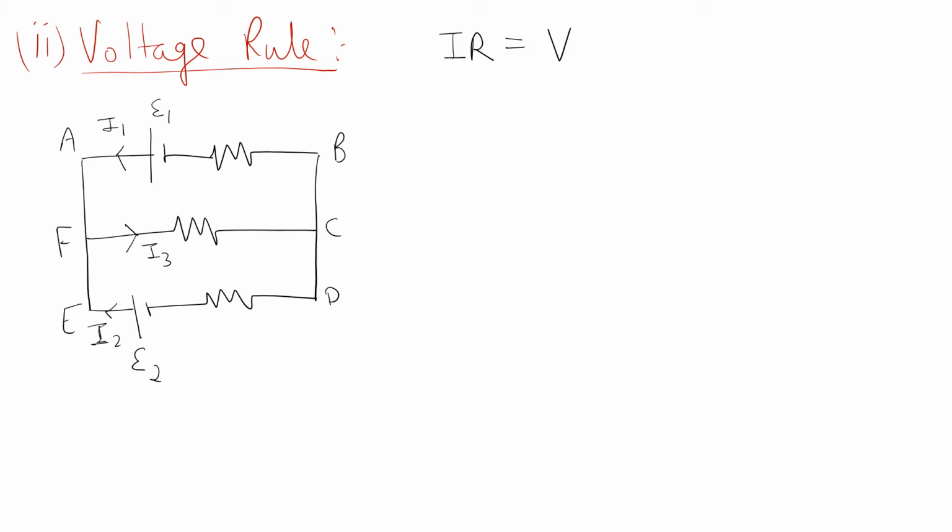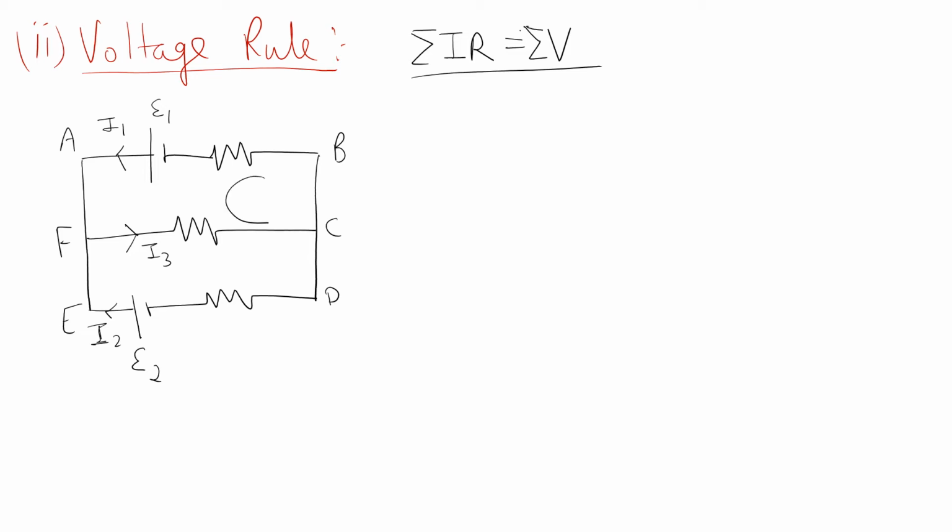Or in simple words, I can write it as sigma IR equals sigma V, which is simply Ohm's law, nothing else. What I am doing here is taking the total algebraic sum of the change in the potential around any closed loop.